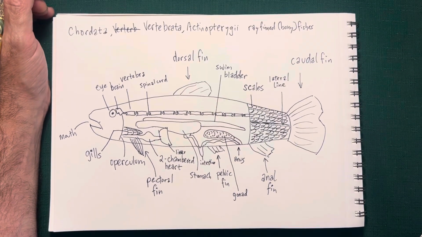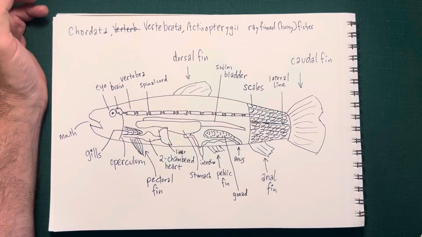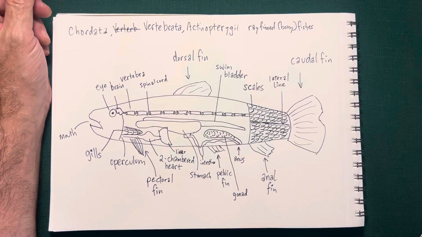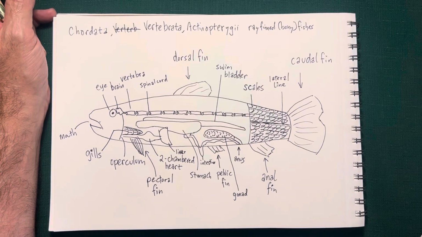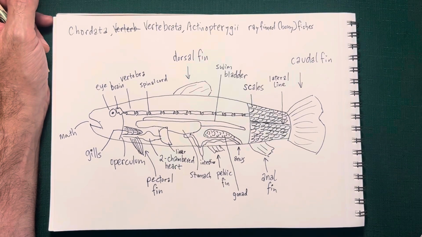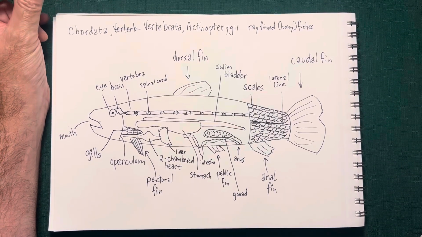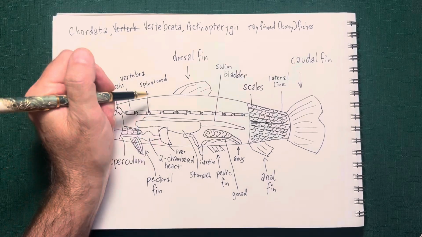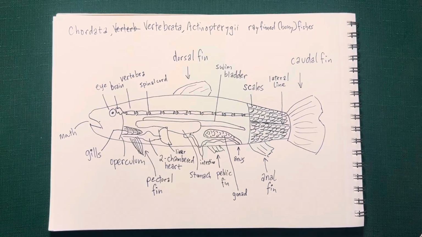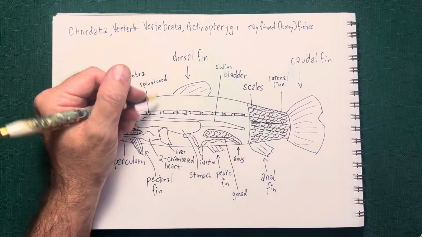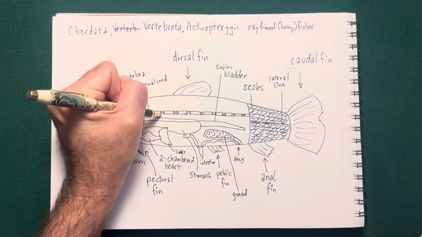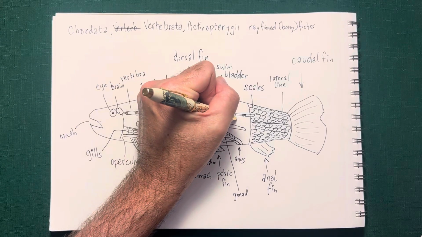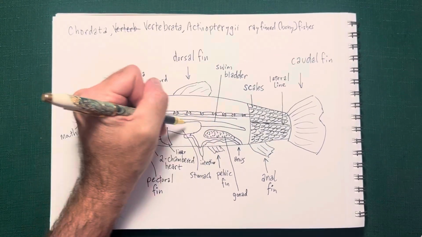So it can be filled with metabolic gases. It can be purged of gases, and that will help the fish kind of maintain a certain depth in the water column. And swim bladders, it's thought, are homologous with lungs. But, well, there's a whole complex story there that I don't want to get into about which came first, the swim bladder or the lung.